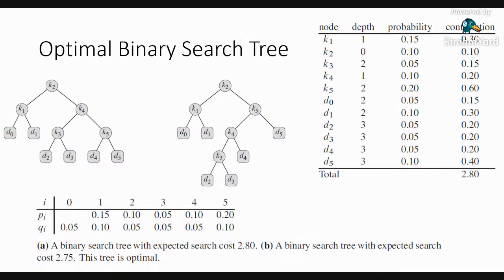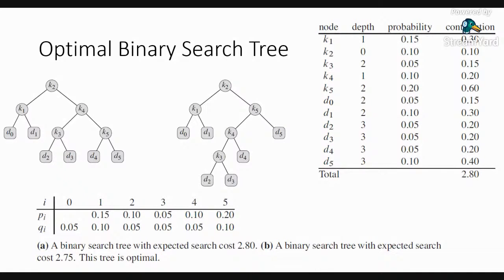The probability of D4 is 0.04 multiplied by 4, so it is nothing but 0.16 here. So these are the contributions of all keys plus all unsuccessful searches. The total contribution is 2.8. This is nothing but the cost of the first binary search tree, 2.80.